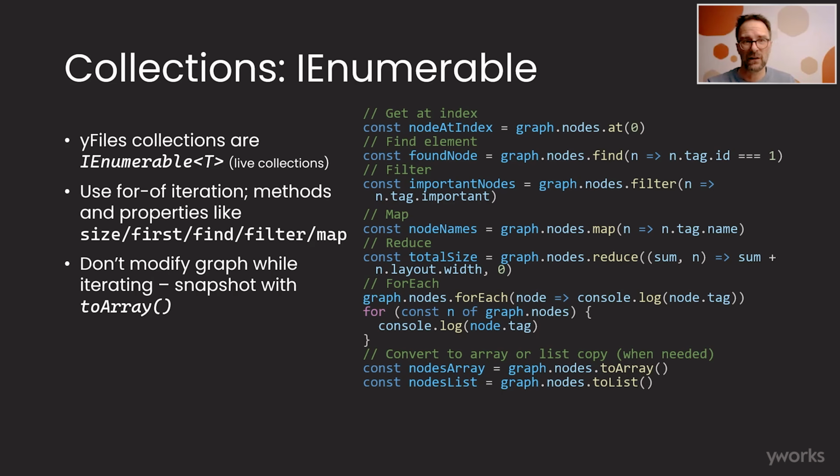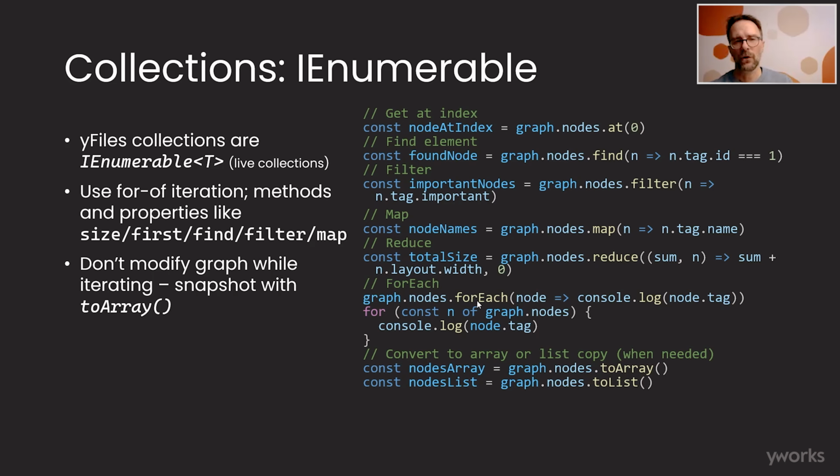Unlike, for example, an array in JavaScript, where when you apply the filter operation or the map operation, this happens immediately, and then you have a copy of the data. Whereas in yFiles, those enumerations are live. They don't happen until you enumerate them.